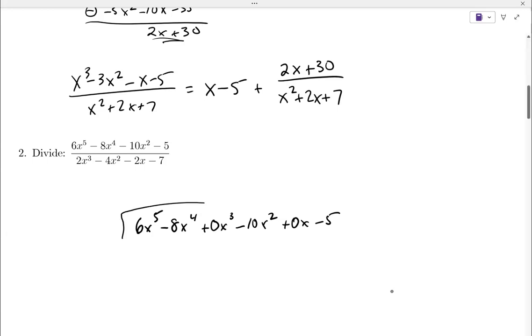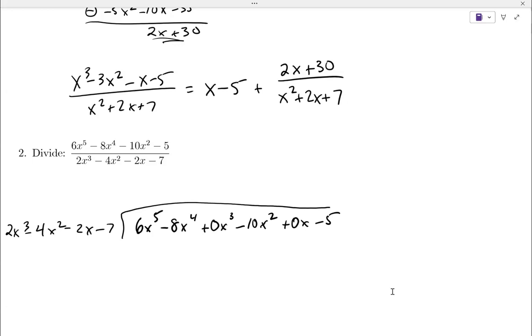This will be divided by 2x cubed minus 4x squared minus 2x minus 7. Might take a little longer to write out, but again, I think once you get the hang of it, polynomial division requires less thought than doing integer division, right?